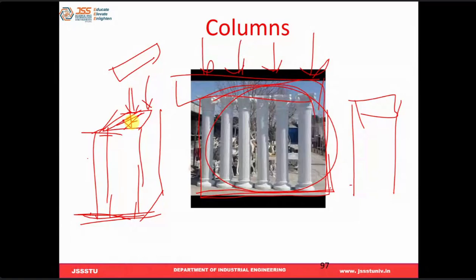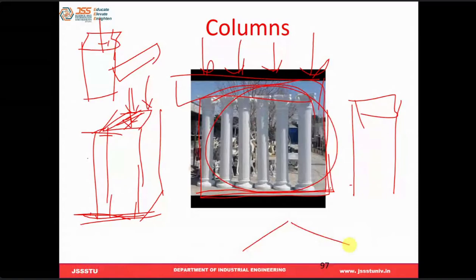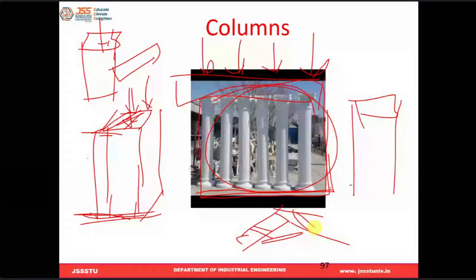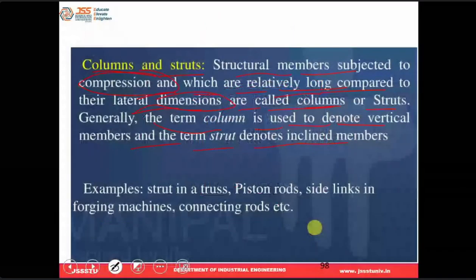So only compression load comes under this, no tensile or any other. Struts are the same. Usually you see struts in building roofs, especially where corrugated sheet is placed; they place this structural member, called a strut.